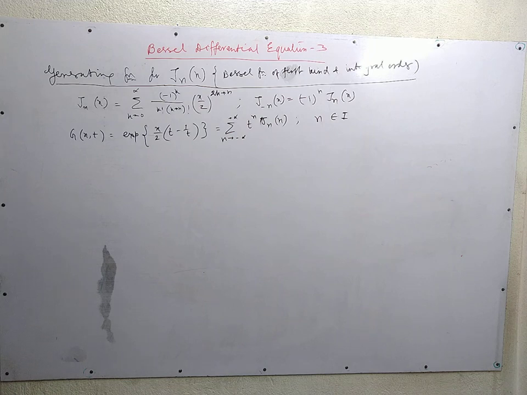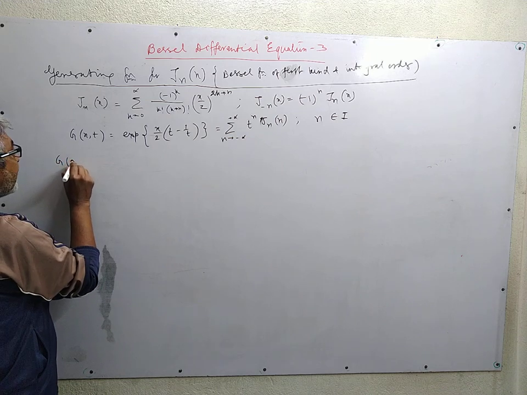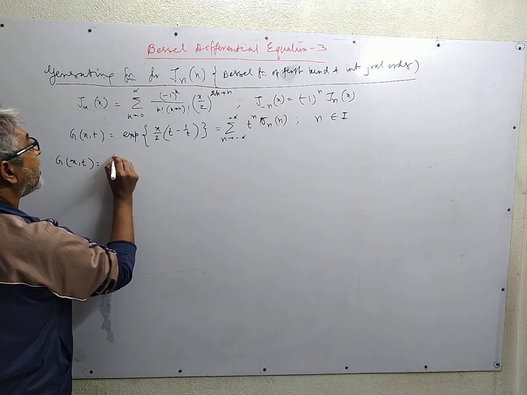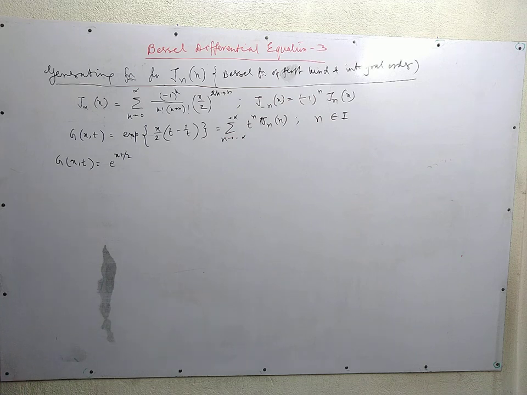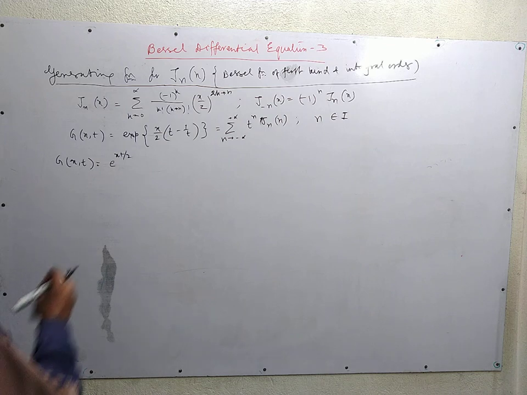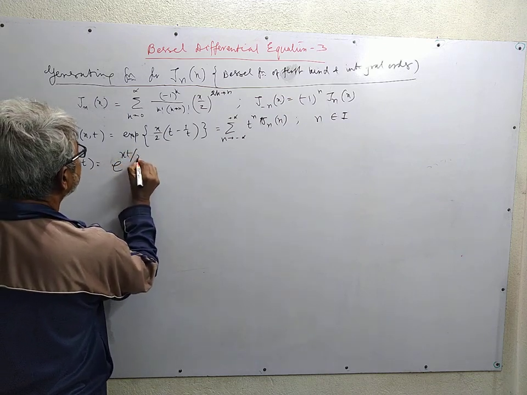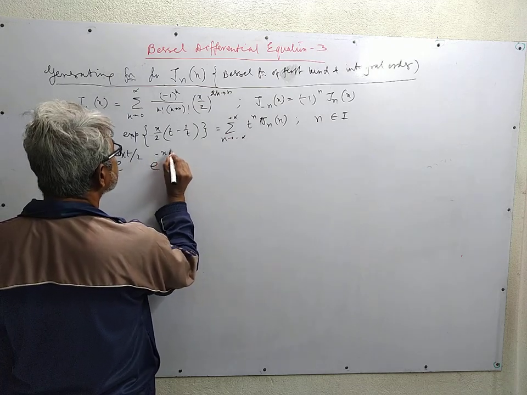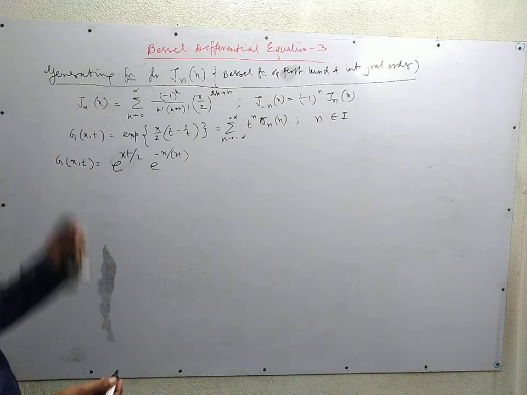To prove this, we start with the left hand side, that is g of x, t is equal to e to the power xt by 2 times e to the power minus x by 2t, and expand both of these in Maclaurin series.